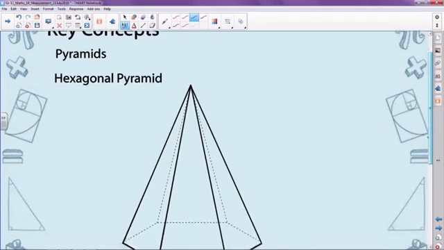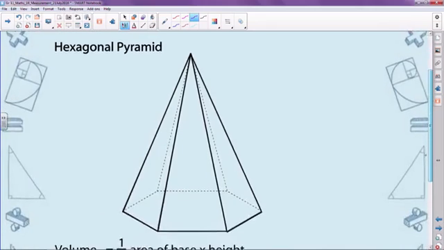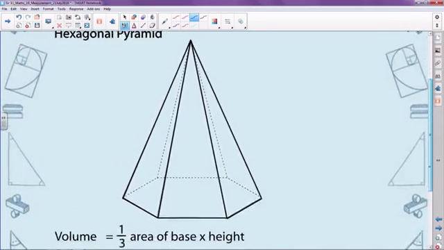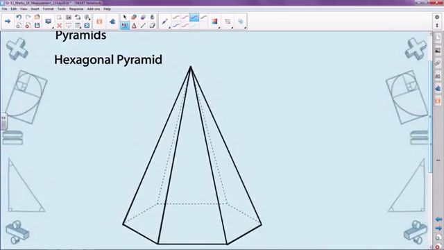Okay, and then we've got a hexagonal pyramid. Now remember hexagon, going back to hex, how many sides are you going to have? That will be your 6 sides. And if you look, this part is just 1, 2, 3, 4, 5, and then 6.